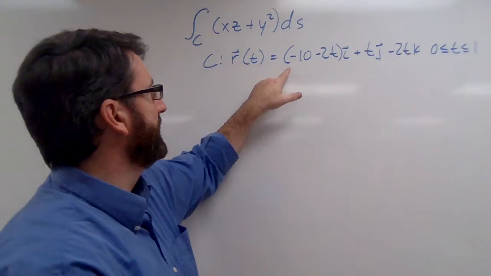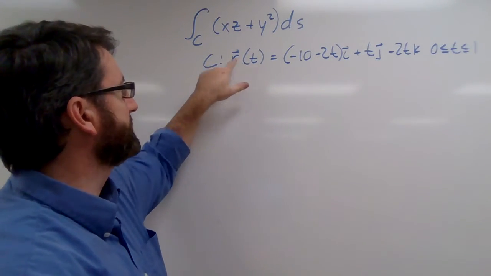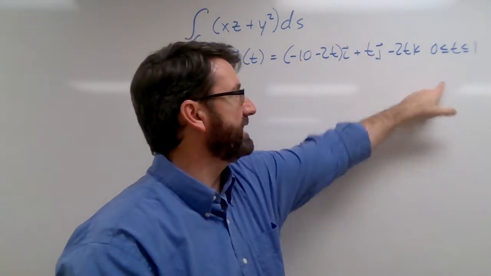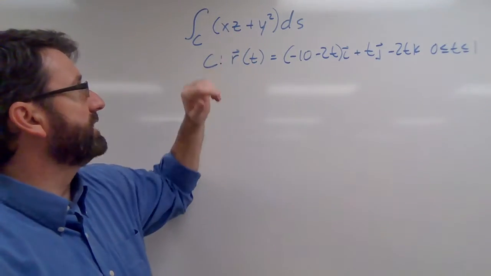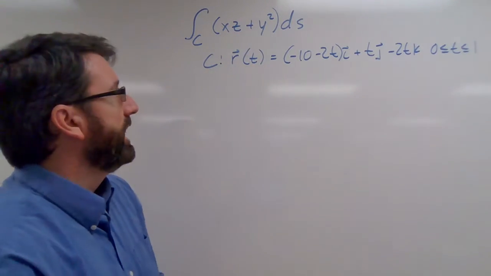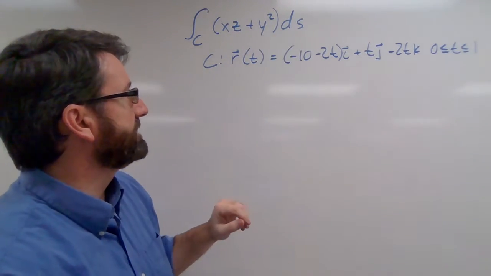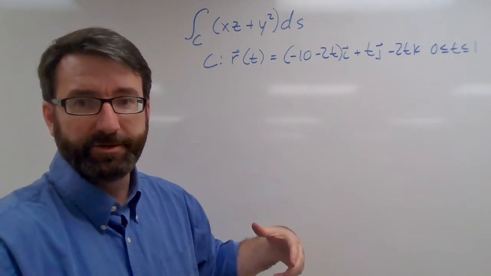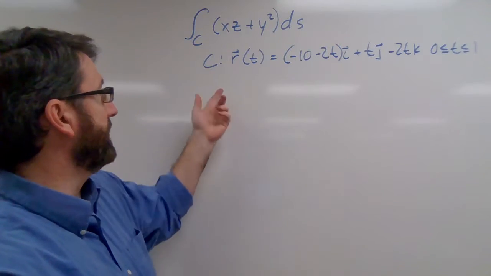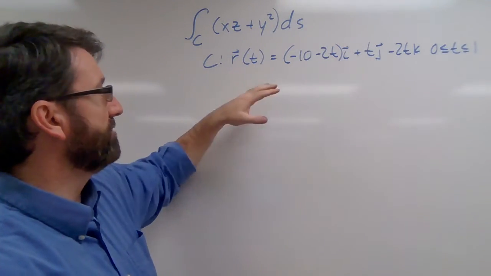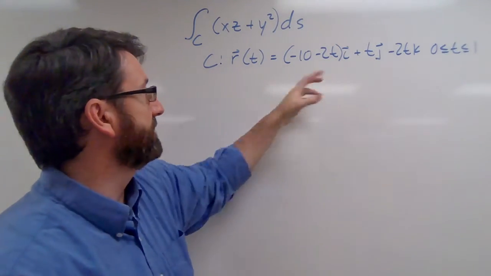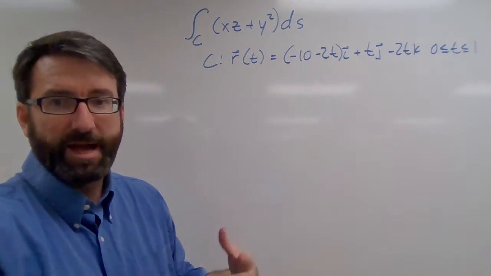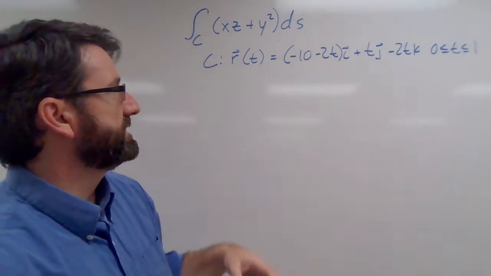And we're going to use this curve, the parameterization here, to put this in terms of t. And then this ds is going to be equal to the magnitude of dr/dt, or the magnitude of the velocity, if this is the position vector, times dt.